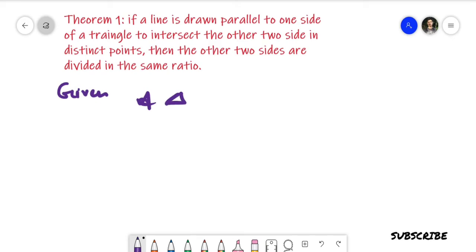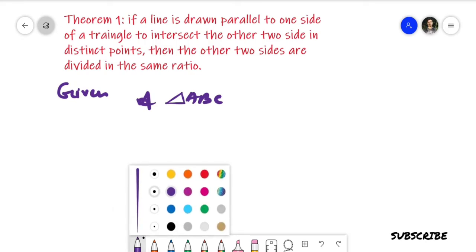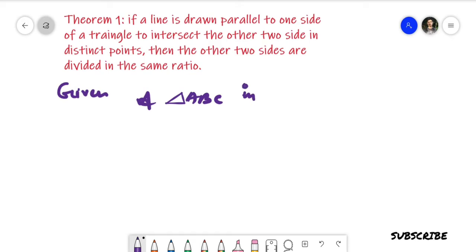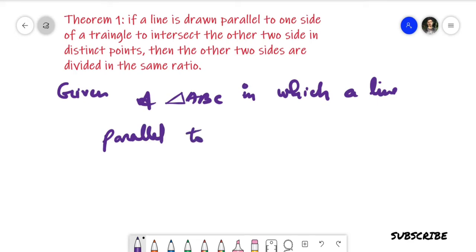I'm writing in short a triangle ABC, in which a line is parallel to one side. I'm not going to write it all, it's better to draw a triangle first.